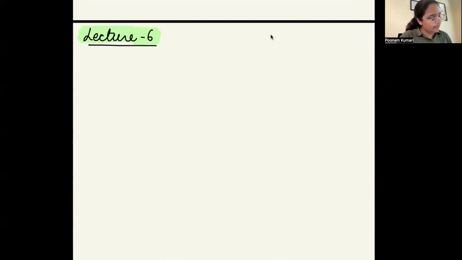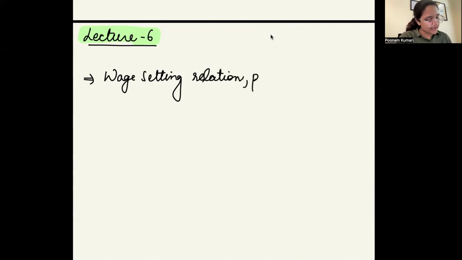Just to recap the last session, we understood what the wage setting relation is and what the price setting relation is.